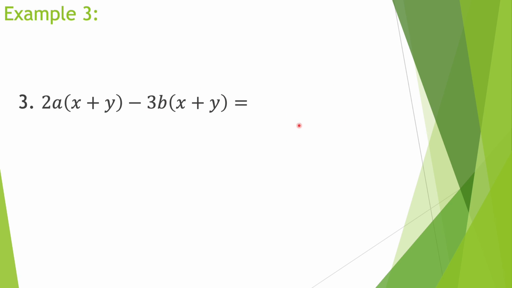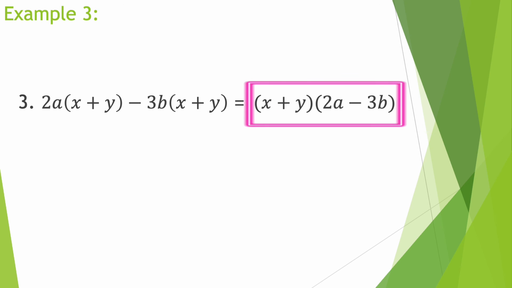So, ayun yung magiging first factor natin, x plus y. Then, yung magiging second factor natin, kukunin lang natin yung remaining terms. So, ito ay 2a. Then, we have negative 3b. So, ito na ating final answer. That is x plus y times the quantity 2a minus 3b.